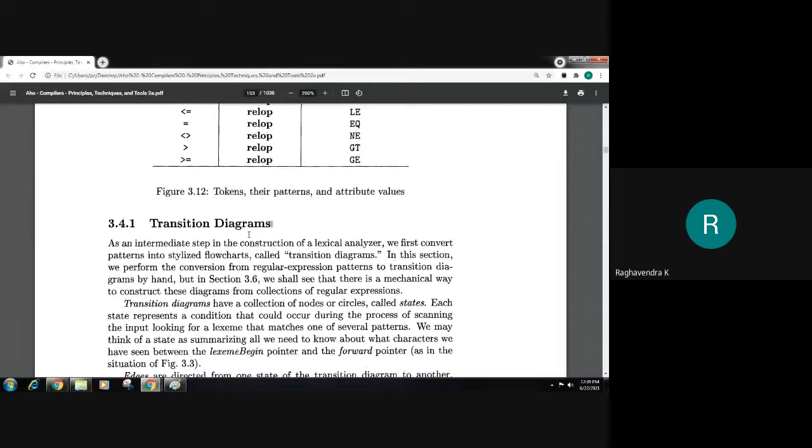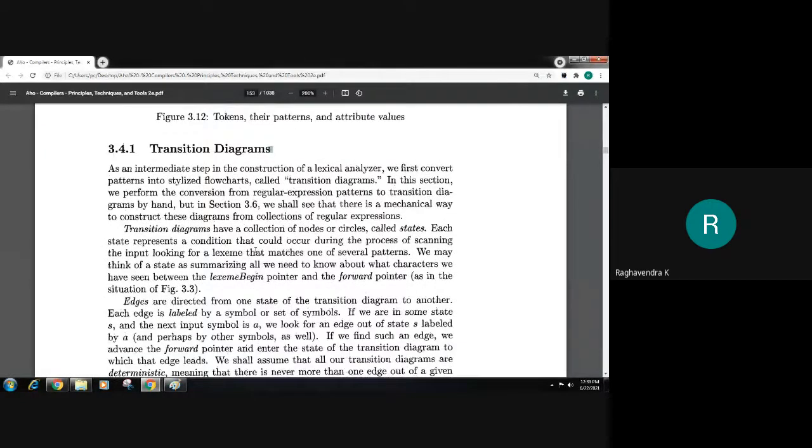It basically comprises a collection of nodes, which we call states, and there will be a movement from one state to another state depending upon some form of input. That is how we write transition diagrams.